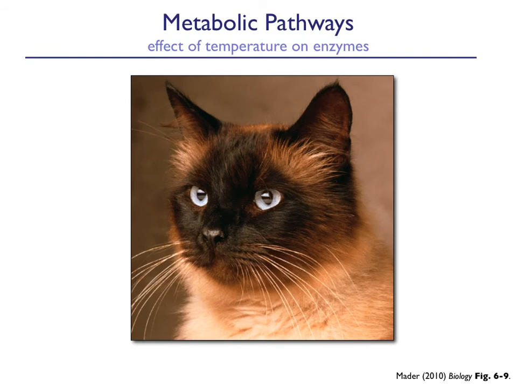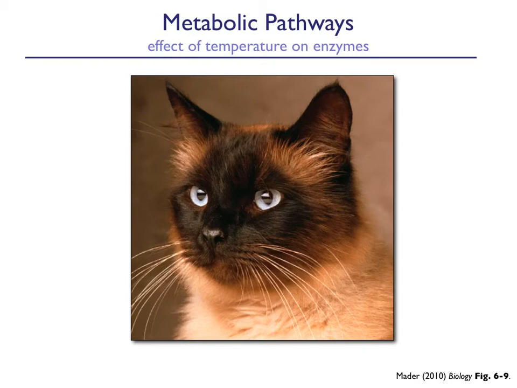The Siamese cat is actually a very interesting example of the effect of temperature on enzymes. There is an enzyme that helps to make this dark pigment in cats. And in the Siamese cat, that enzyme, as a protein, has a mutation in it that destabilizes it at core body temperature. In other words, the enzyme does not work well at core body temperature, and so it doesn't make the pigment.